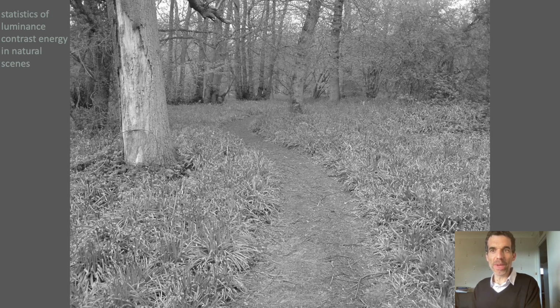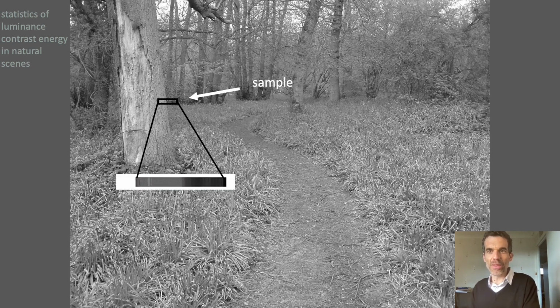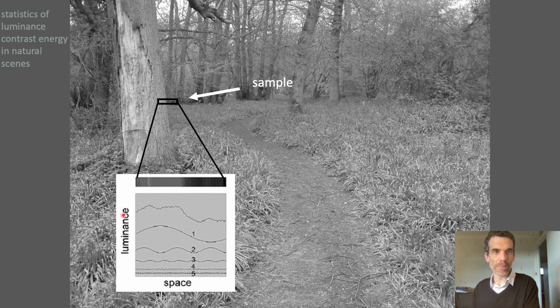To understand what this means, let's look at the profile of the variation in luminance with space in a sample. So this profile corresponds to the top of the curve below. Here is the profile of the luminance. And the top curve can be made of a sum of various curves with different spatial frequencies, amplitudes, and phases.